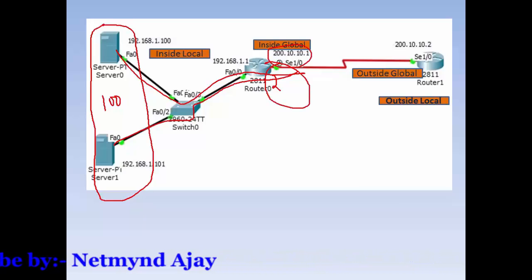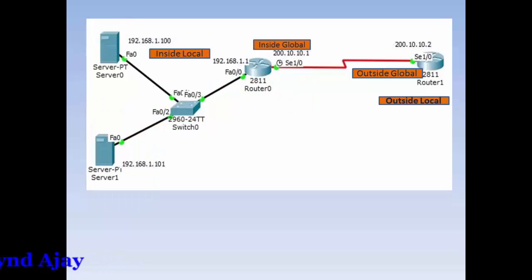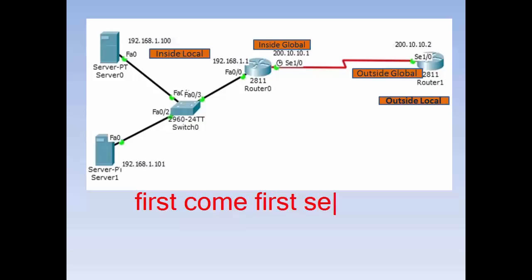The very first and basic rule of dynamic NAT is first come, first serve basis. What does that mean?